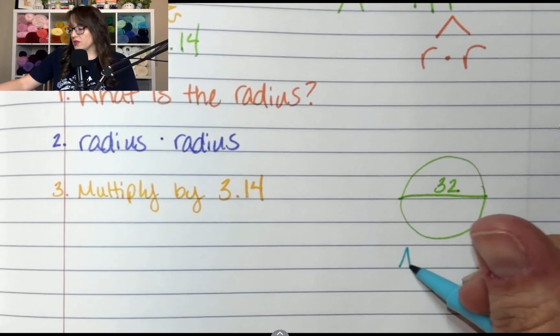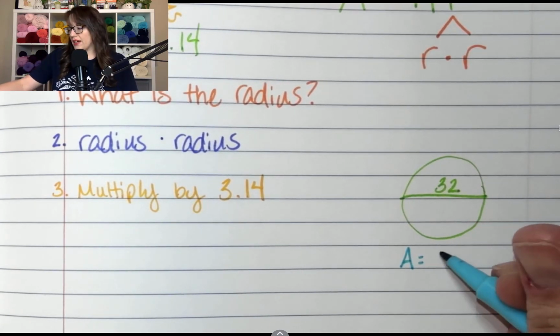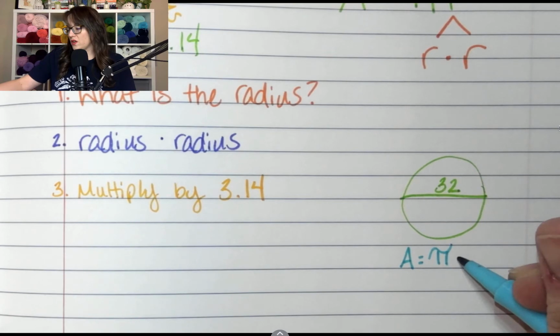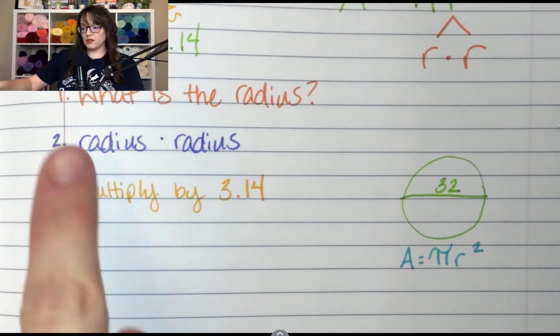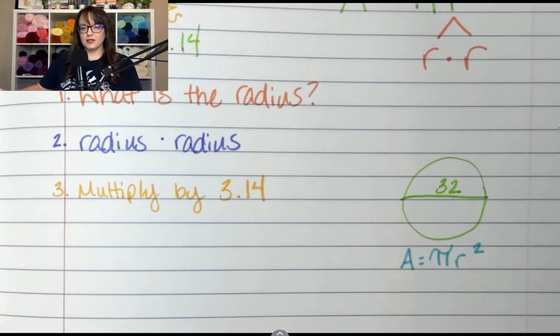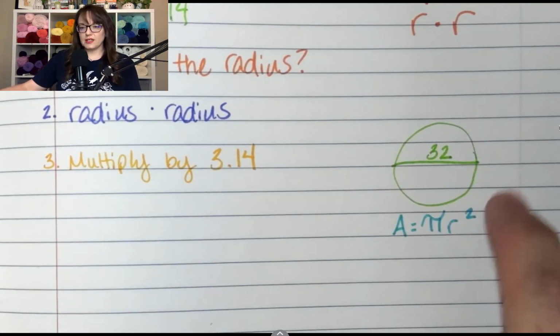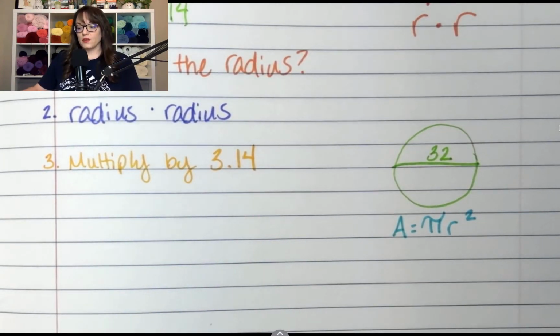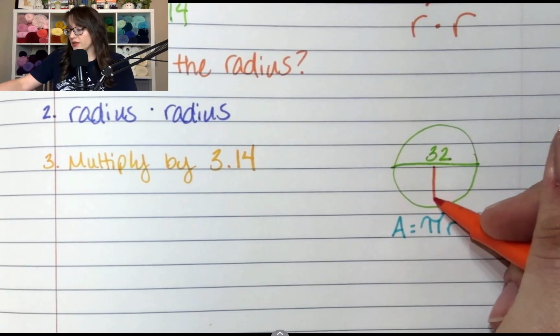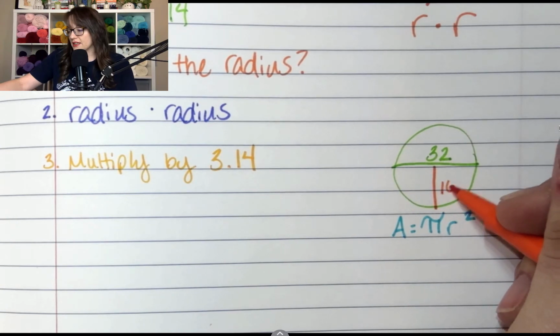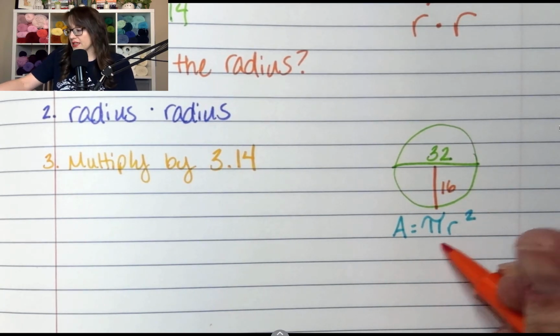So A equals pi r squared. Step 1, what is the radius? How much is the radius here? Radius is 16 because half of 32 is 16.